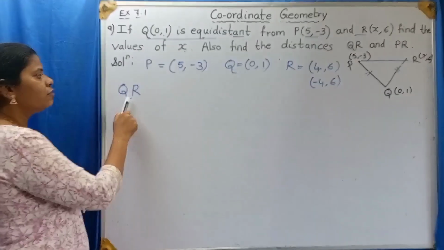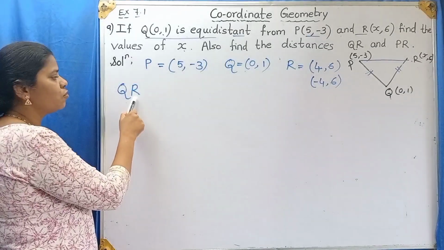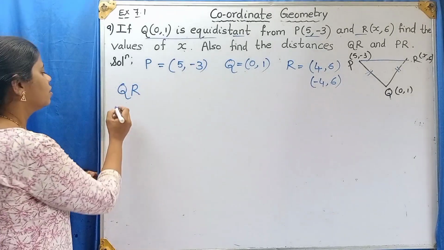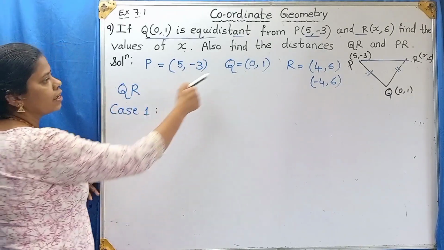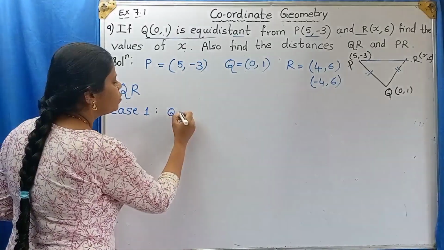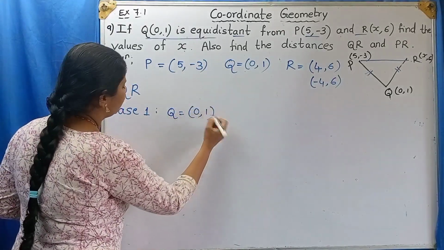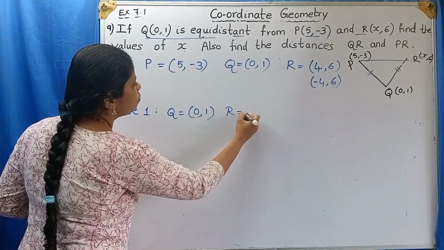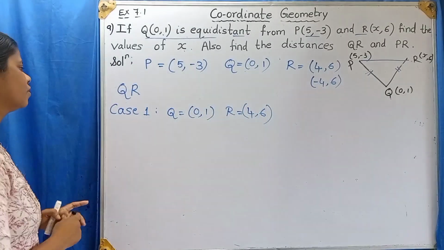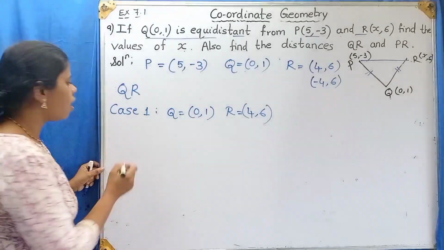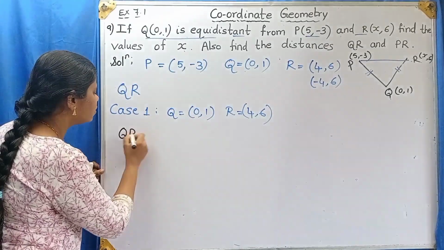Therefore, let us find out the value of QR by using case 1. That is, we can take case 1 as Q equal to 0, 1 and R equal to 4, 6. Okay. Let us find out the distance between QR by using the distance formula.